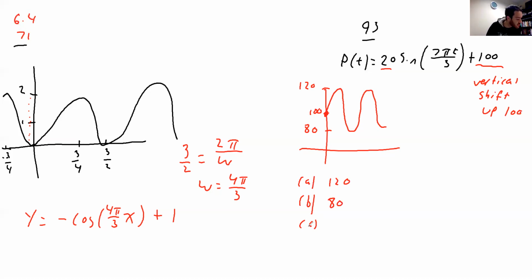And it said that T was measured in seconds. Okay, so 1 beat is going to be 1 period. So we've got to figure out what the period is and find out how many times that period happens over the span of 60 seconds.